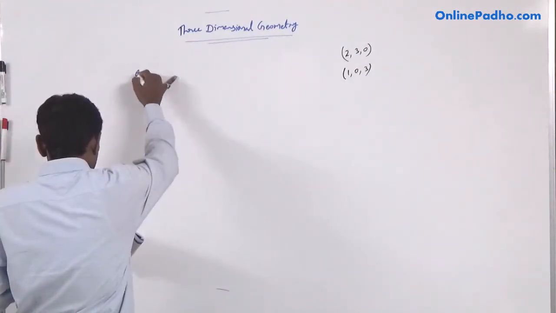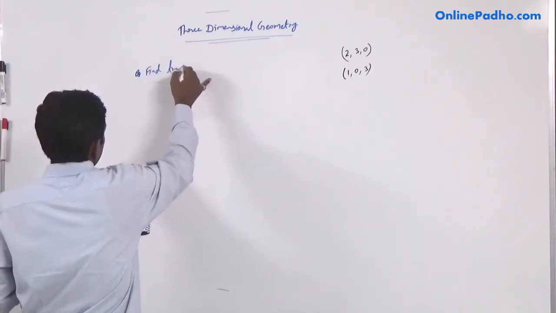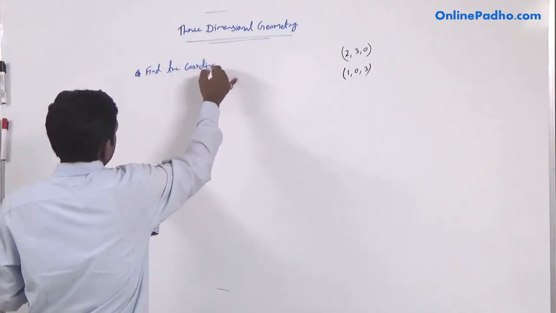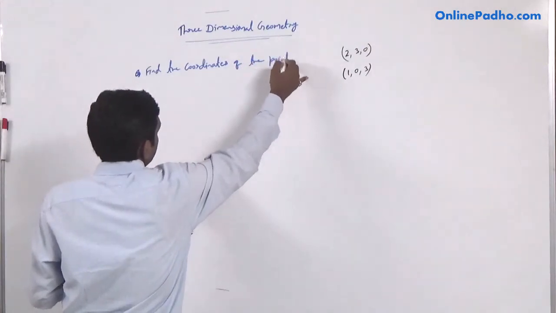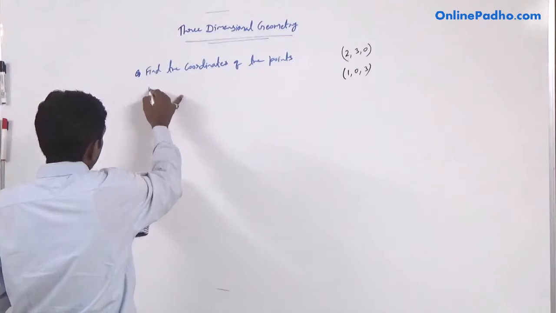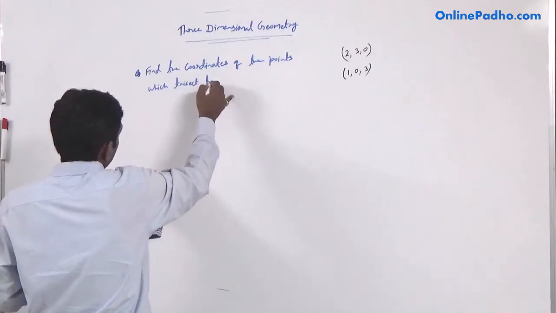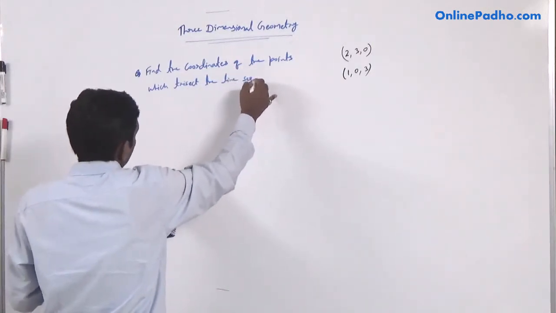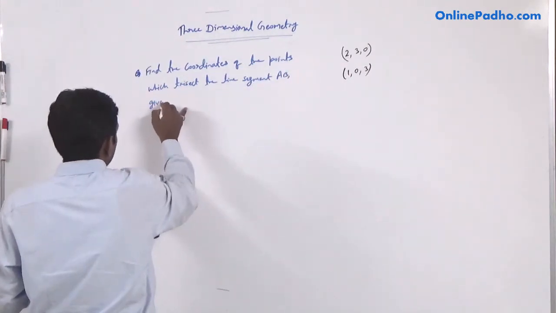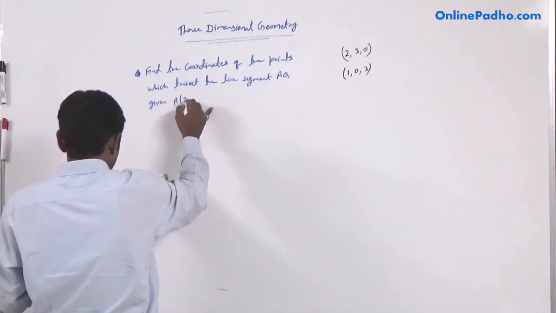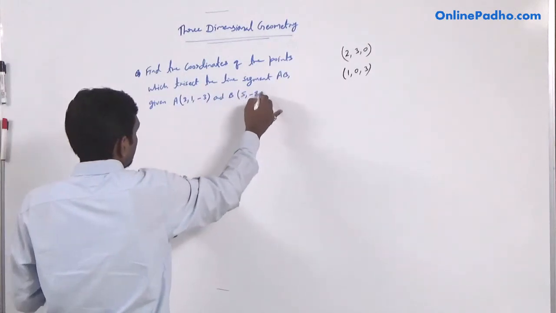The question is, find the coordinates of the points which trisect the line segment AB, given A (2, 1, -3) and B (5, -8, 3).